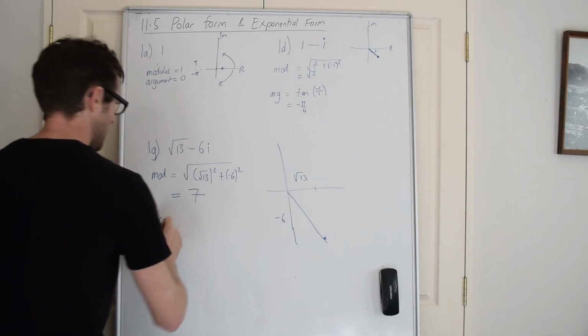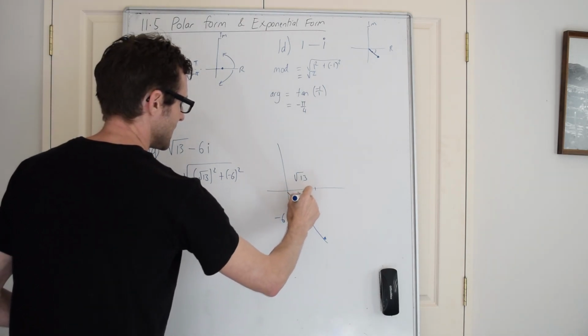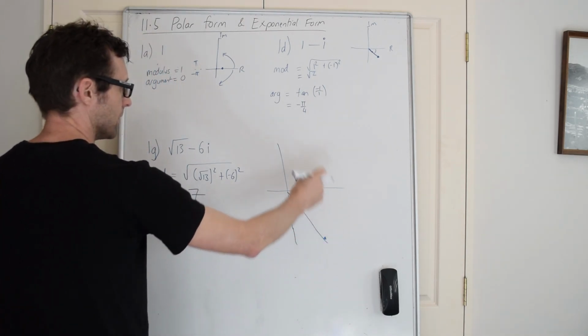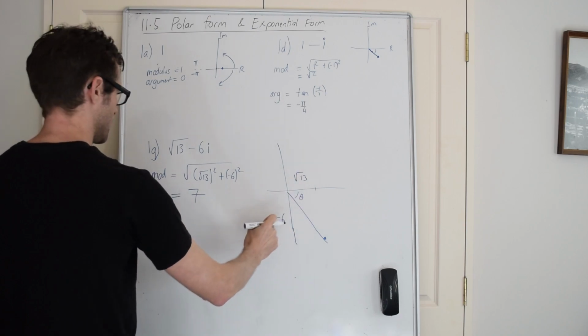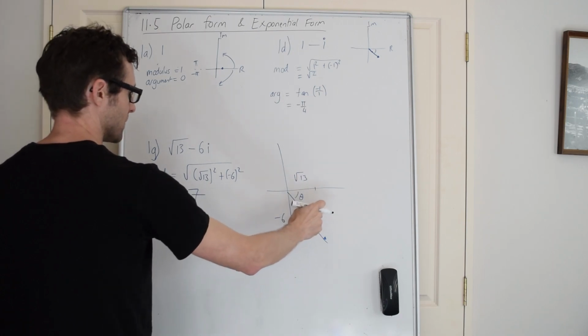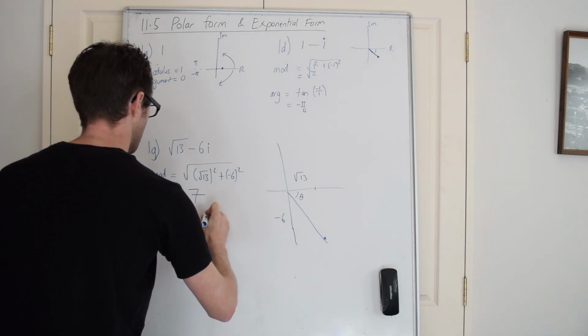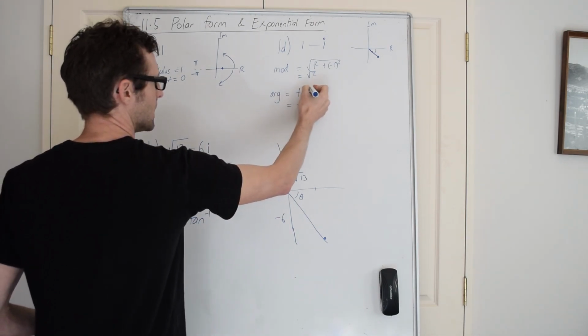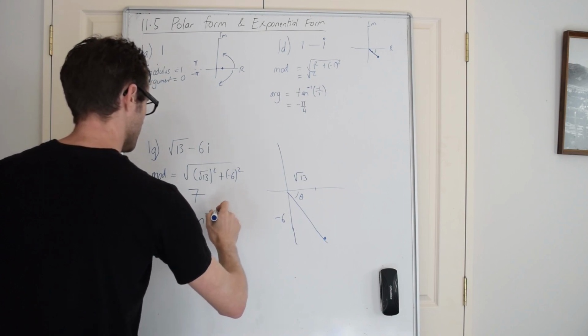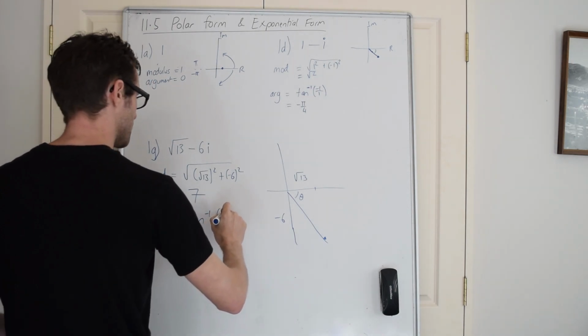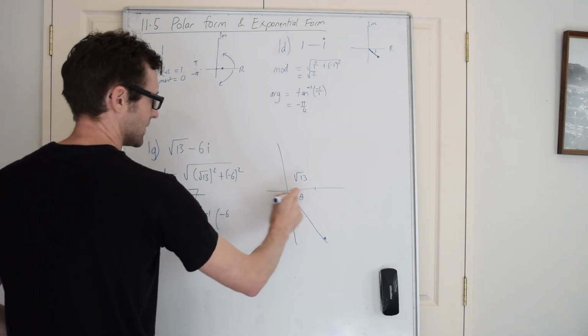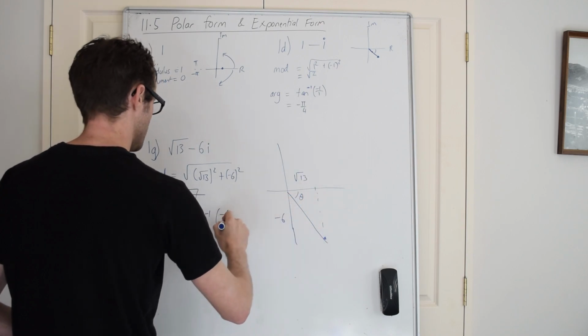Argument. Now we know that tan theta, this is theta here, equals this opposite over adjacent, opposite which is minus 6. So argument is the inverse tan, and I think I neglected to say inverse tan before. So inverse tan of opposite, which is minus 6, this is the down part, over square root 13.